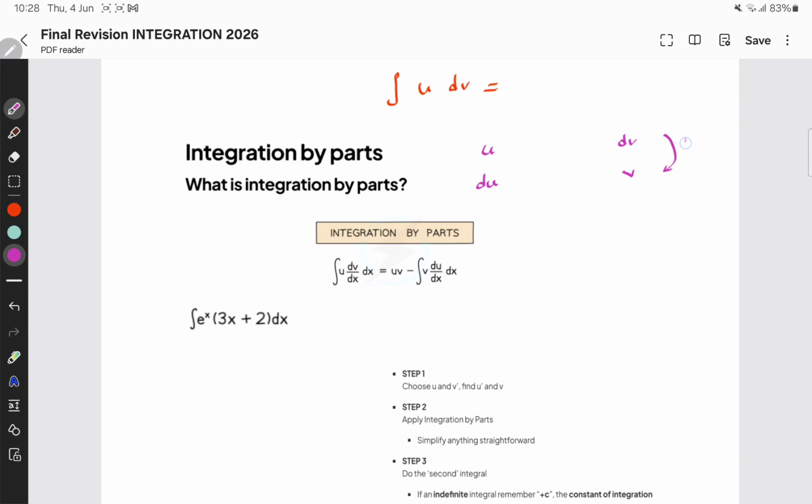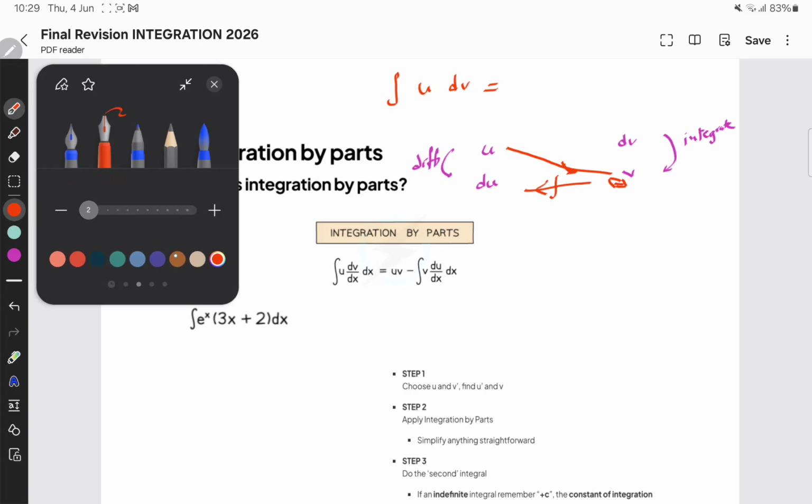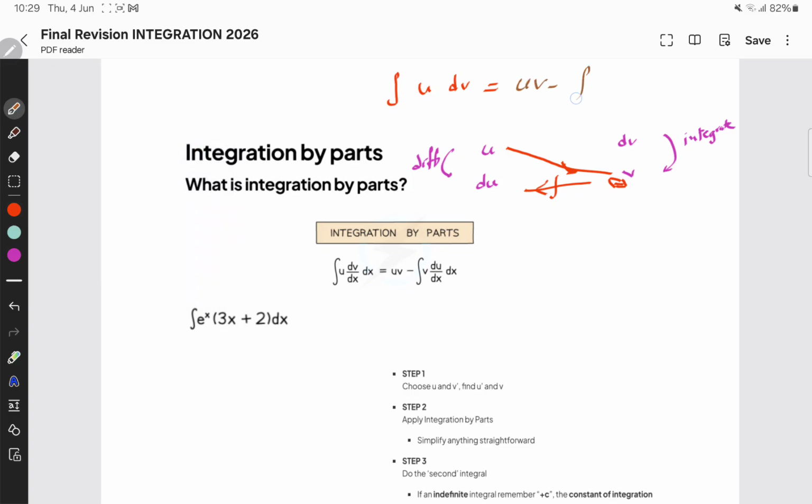So here we integrate, and here we will differentiate. So the rule is u times v minus the integral of v du.